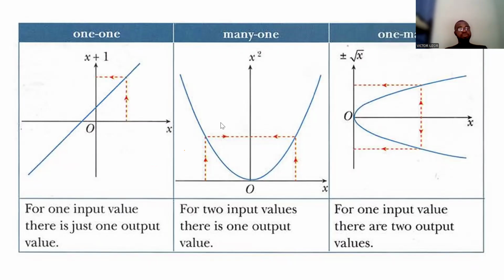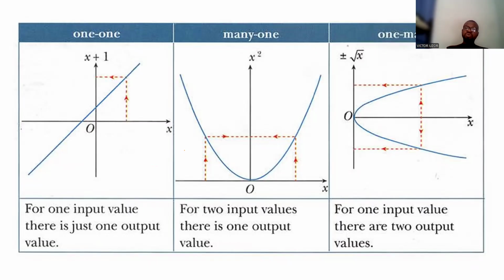Many to one is when two input values have exactly one output, for example x squared, a quadratic graph. Minus 2 squared gives you 4, and 2 squared also gives you 4. Two inputs give you the same output. It's called many to one.